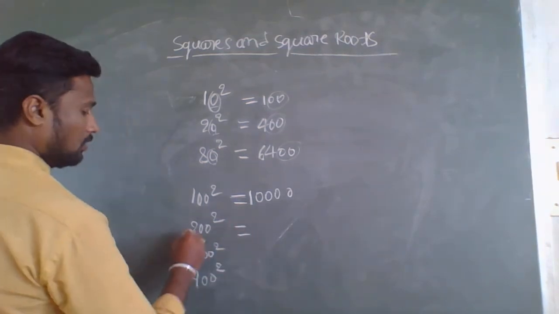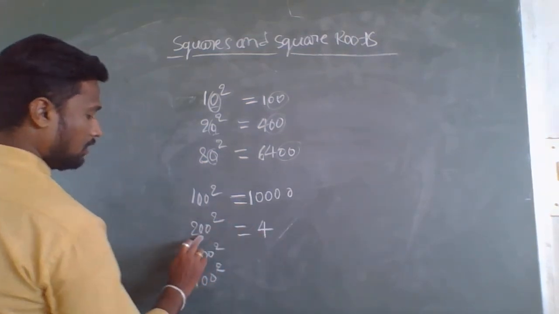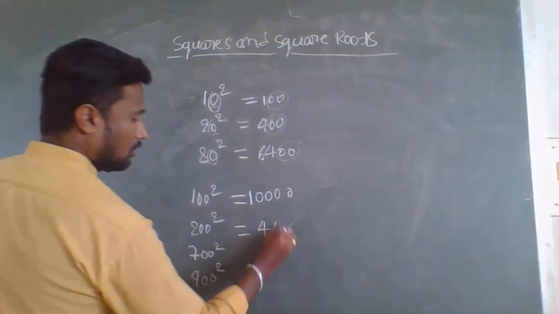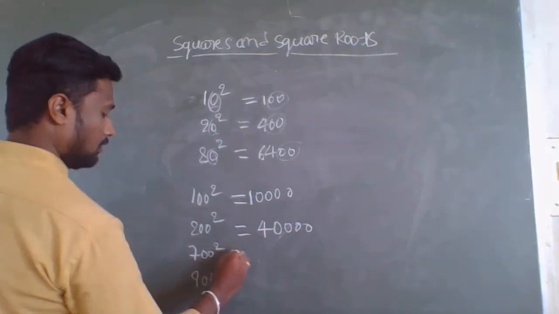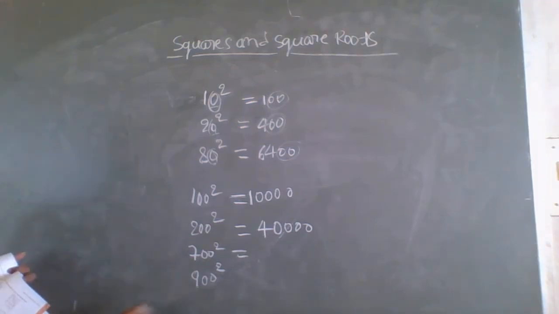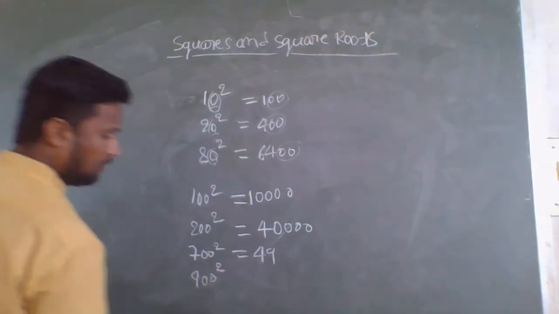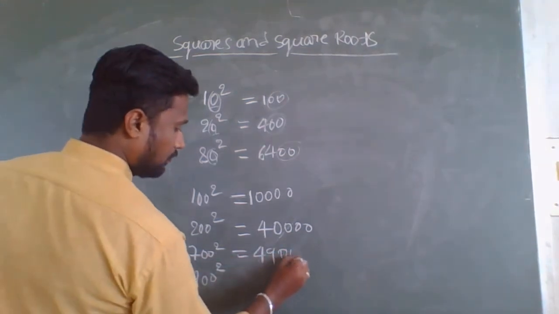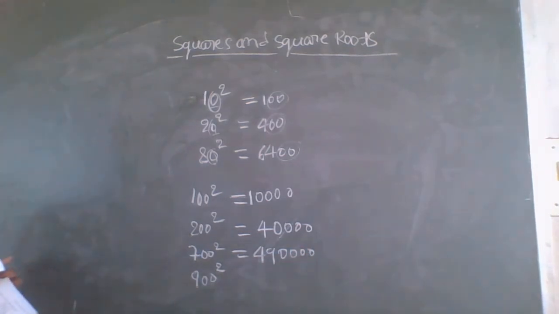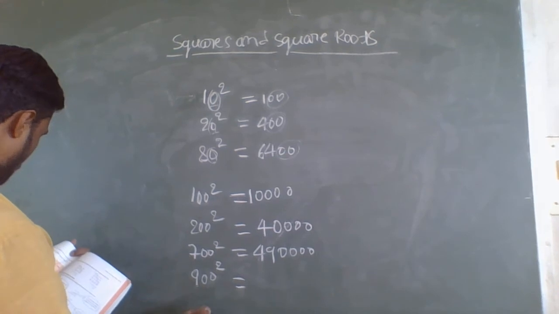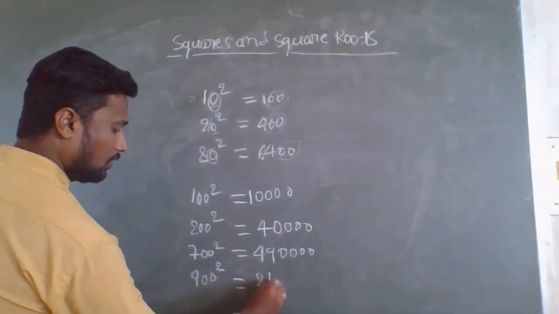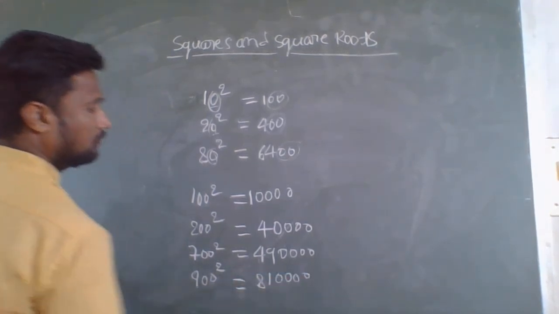Here 4 and 2 zeros means you should write 4 zeros again. Here it is 7, so first it will be 49 and after this 4 zeros, and here it is 900, so 81 and 4 zeros.